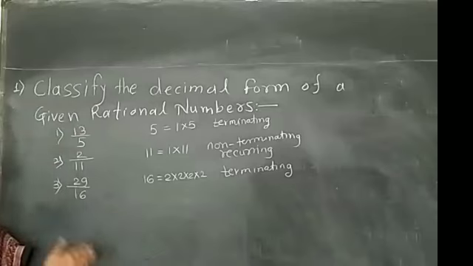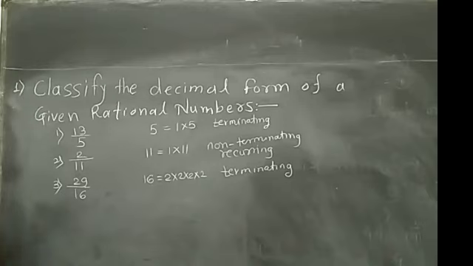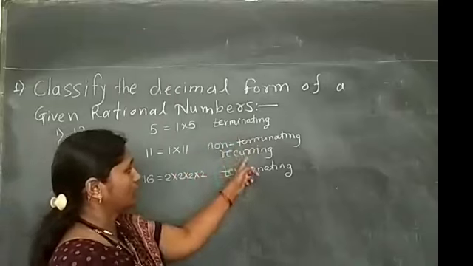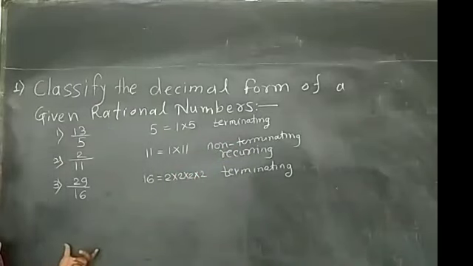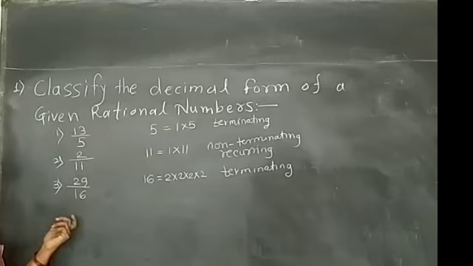If the denominator's prime factors are not 2 or 5, but other numbers like 3 or 7, then the decimal form is non-terminating recurring. In this first question, we solved three examples, and the remaining examples we will solve in our notebook.